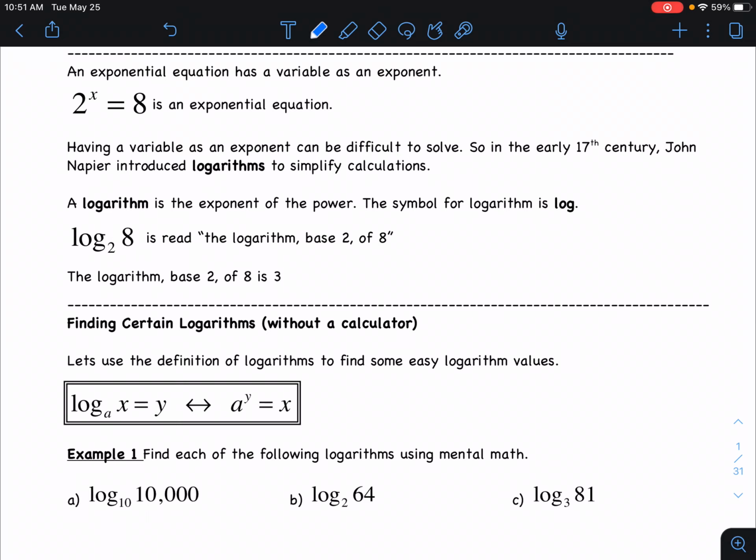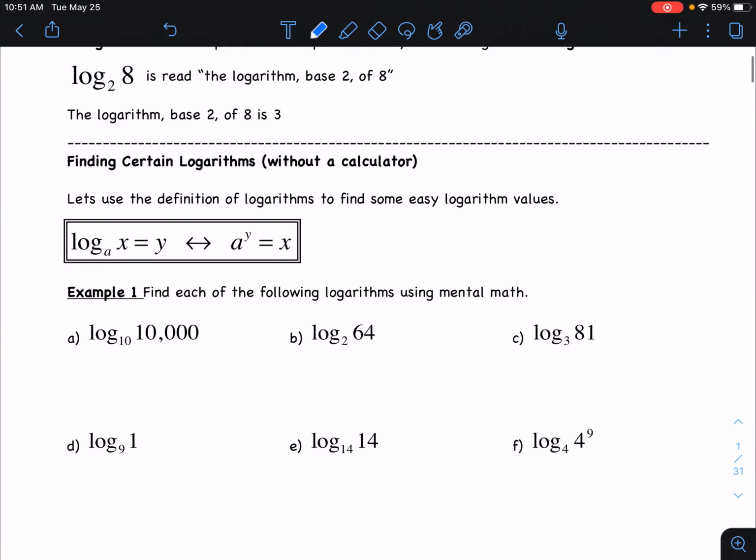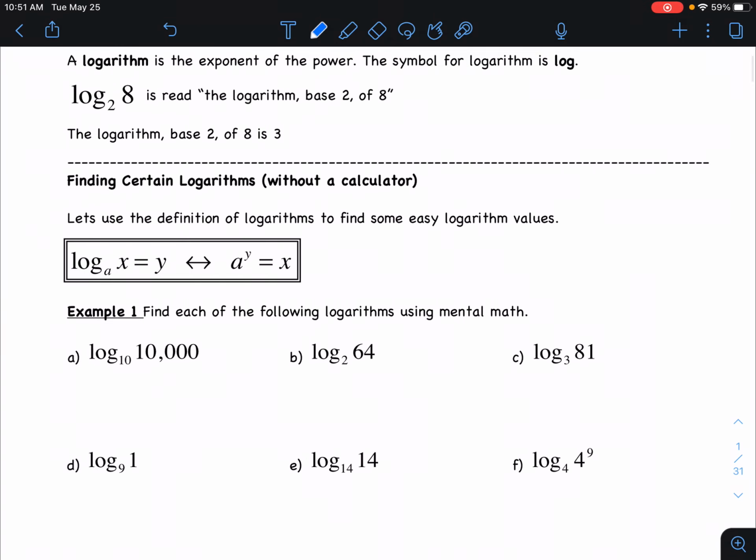So a logarithm is the exponent of the power. The symbol for logarithm, of course, is log for short. How we would read this, with the 2 and the 8 here at the top, is the log base 2 of 8. I'll repeat that: the log base 2 of 8.